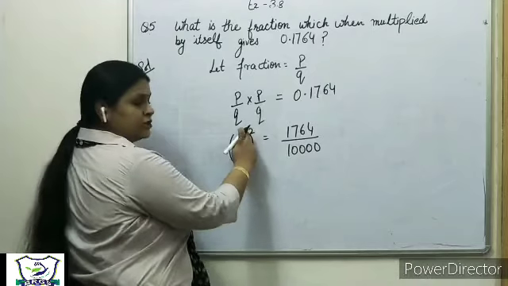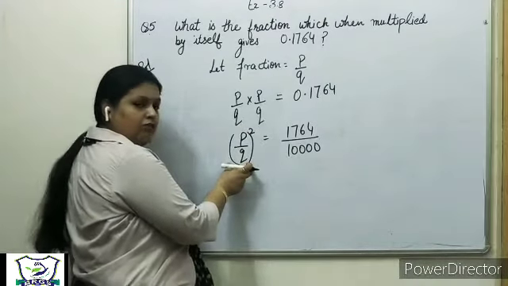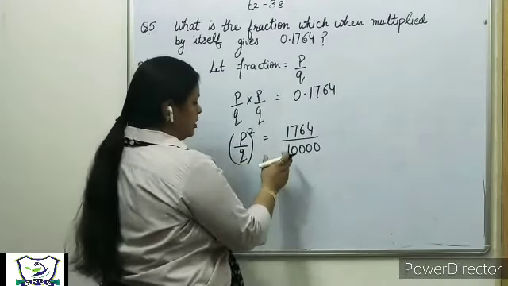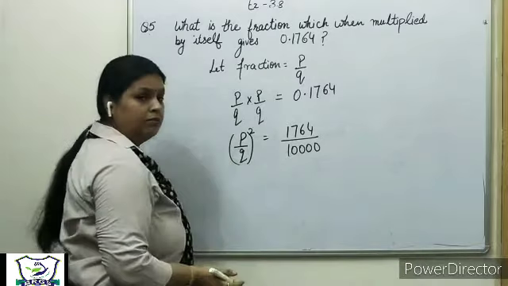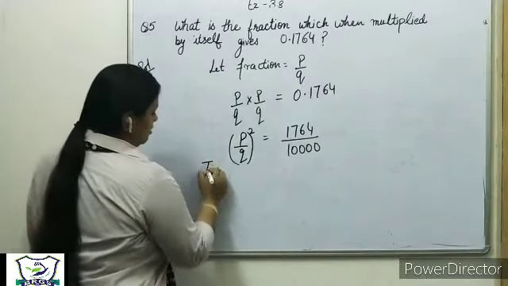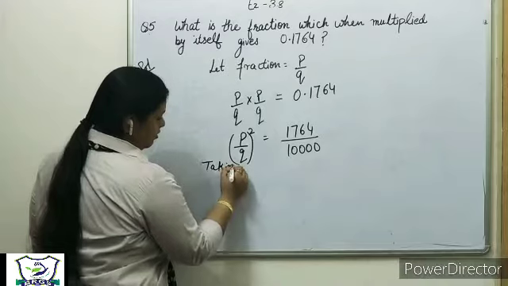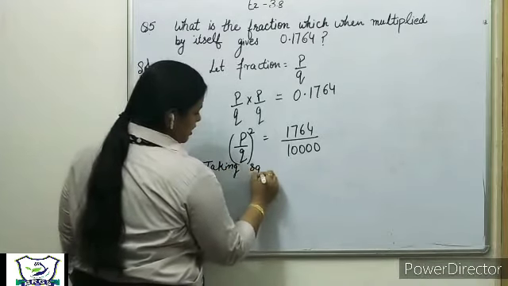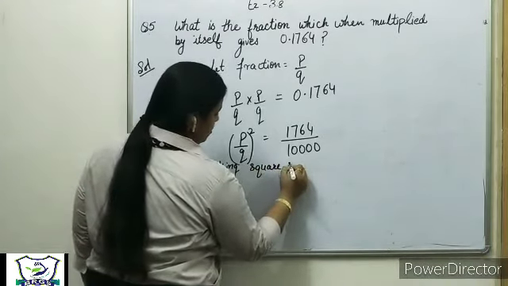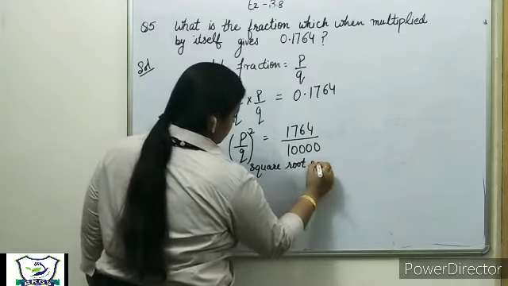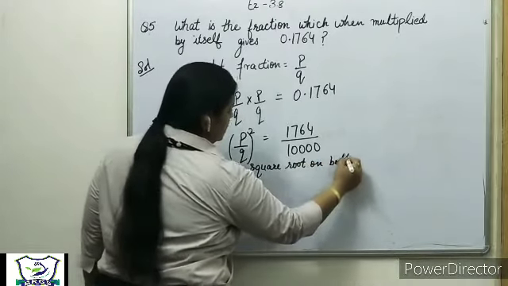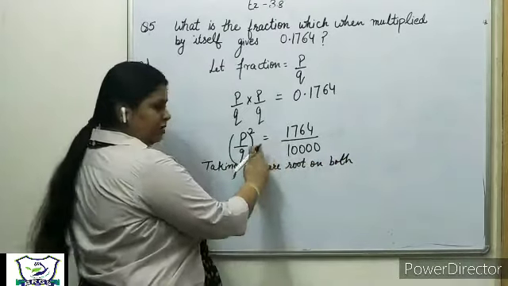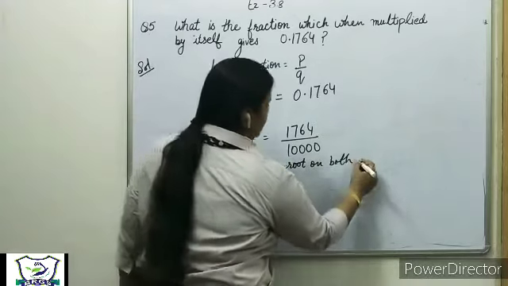So to cancel this square, to calculate the value of p by q, we have to take the square root on both the sides. So taking the square root on both sides. Both sides means both sides of the equal sign, left hand side and right hand side.